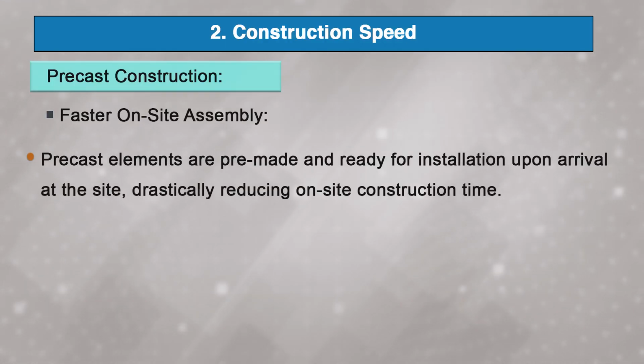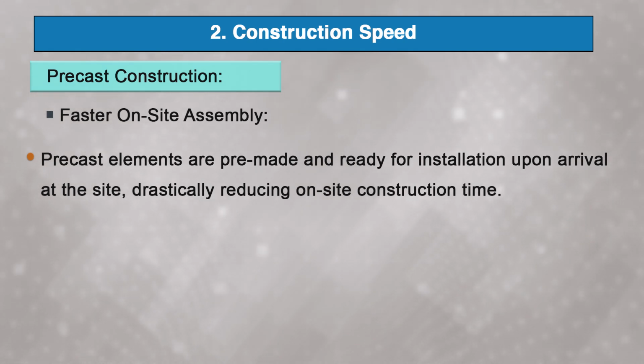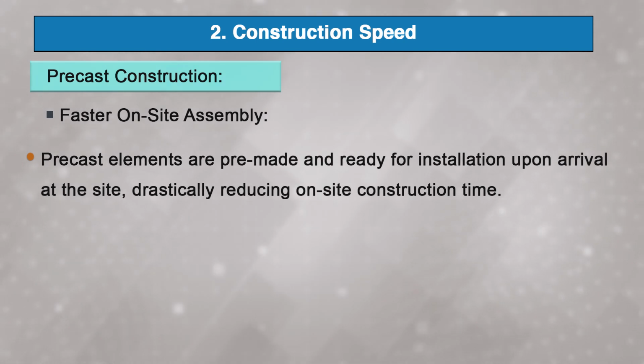Next is construction speed. In precast, elements are pre-made and ready for installation upon arrival at the site, drastically reducing on-site construction time. The parallel production process, where elements are produced while site preparation is underway, also speeds up overall project timelines.